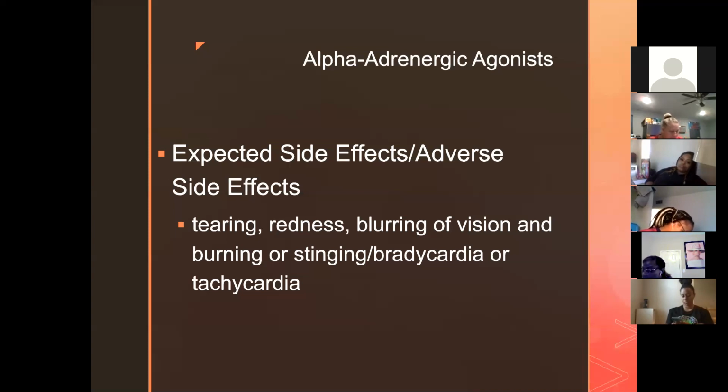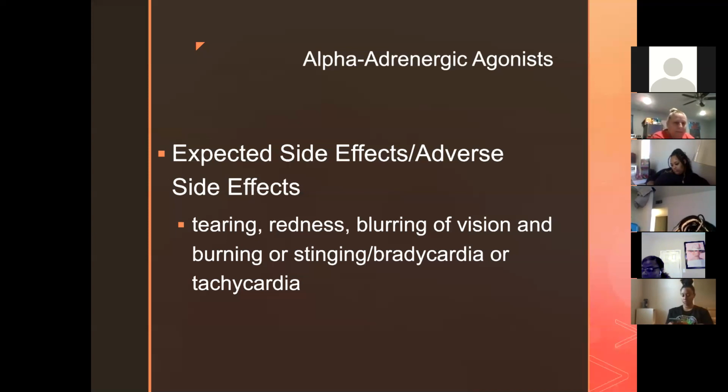Very good. And there's one more thing. When we administer this med, what are we going to do? You want to occlude the duct. So once you put those medications into the eye, you want to make sure that you're putting a little bit of pressure right where that nasolacrimal duct is, so that it does not go systemic.